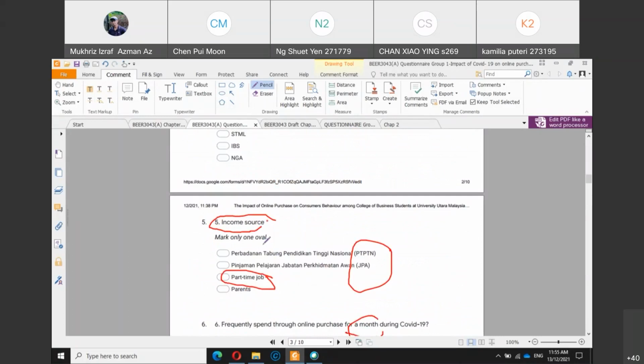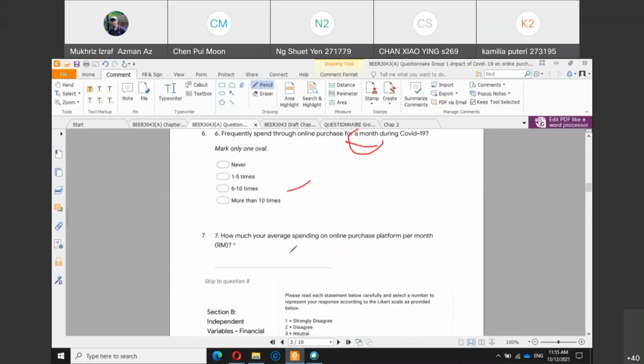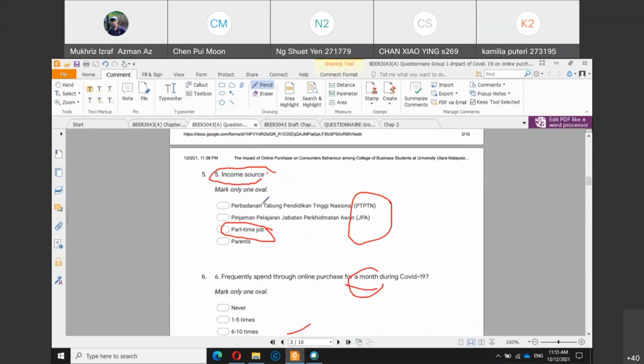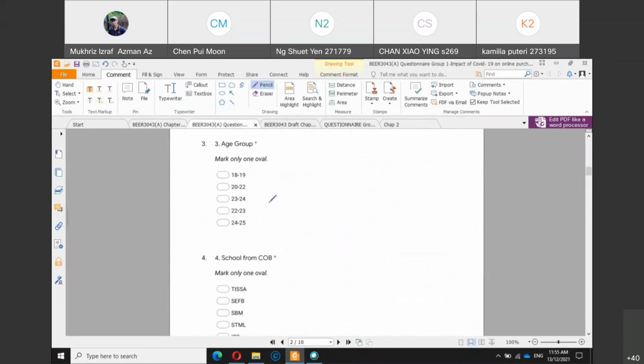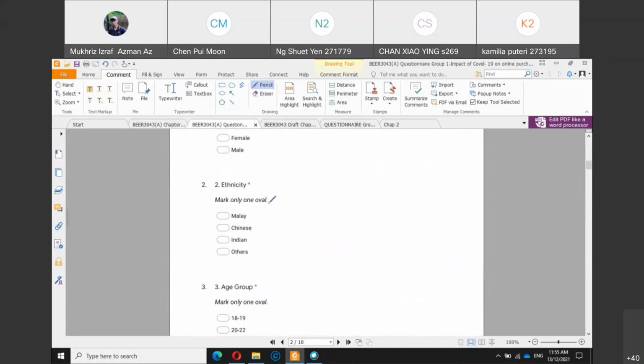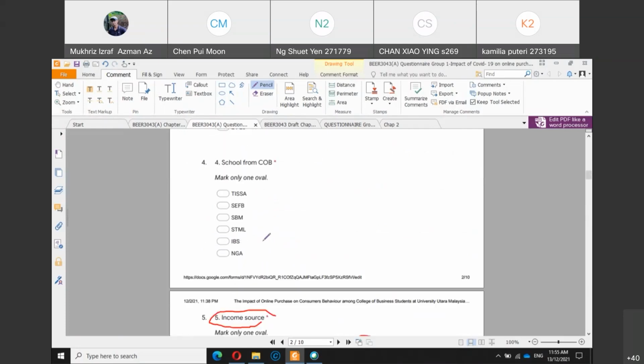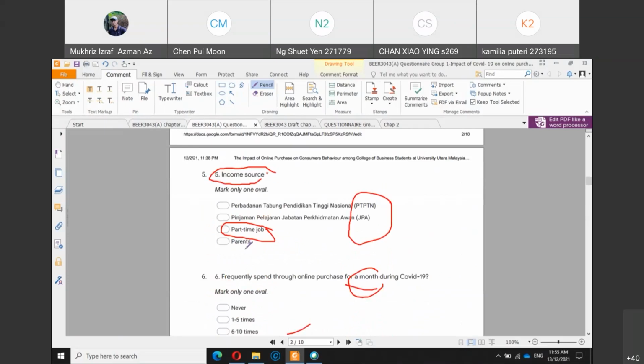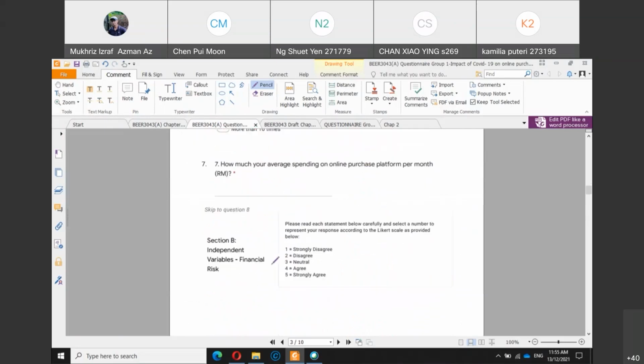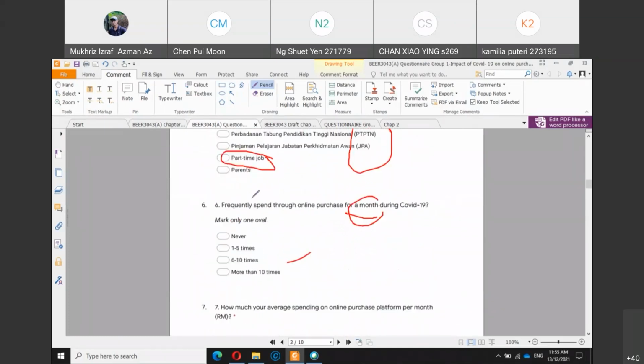You need to at least have some questions on what kind of items you actually purchase online, a breakdown of the common items where you can choose more than one box, like groceries, cosmetics or gadgets. Those types of questions are missing in your section A.